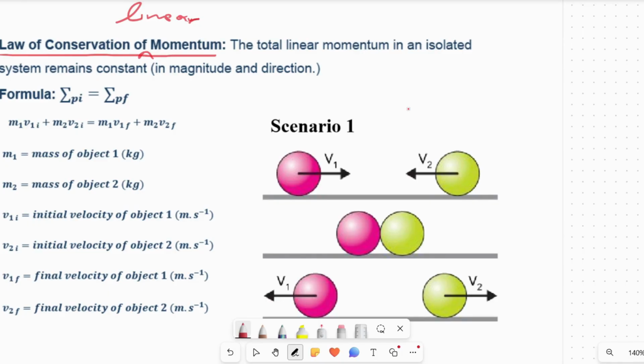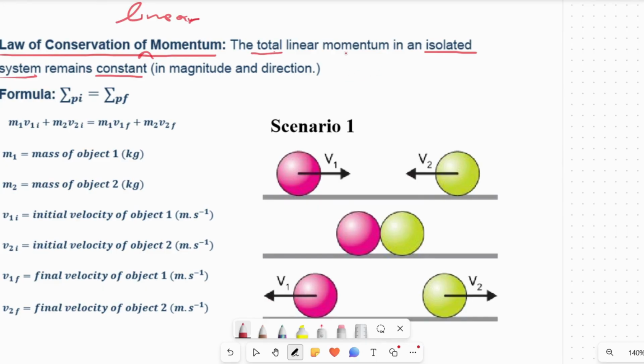So what does the law of conservation of momentum state? It states that the total linear momentum in an isolated system remains constant. These are the key points that we must always remember.